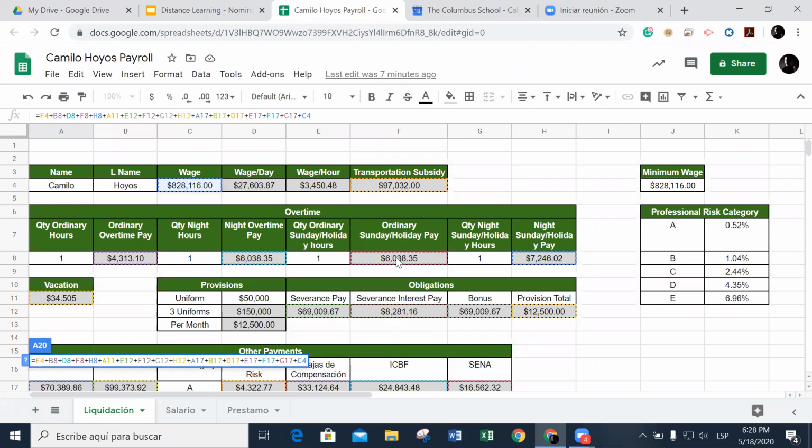So plus this one. And also, a different day, let's say a holiday, I just needed them to work at night. So plus this. Then I also have to pay them the vacation. So plus this cell right here for vacation, plus the obligations, which are all of these cells right here, severance pay, severance interest pay, bonus, and also provision total.